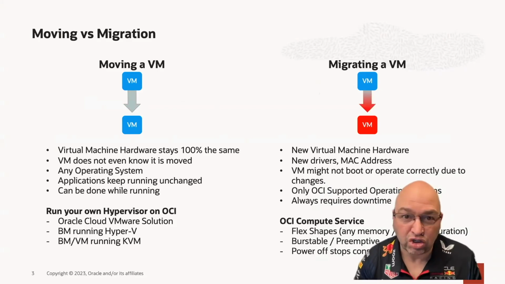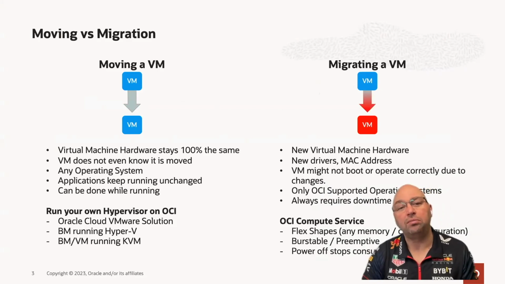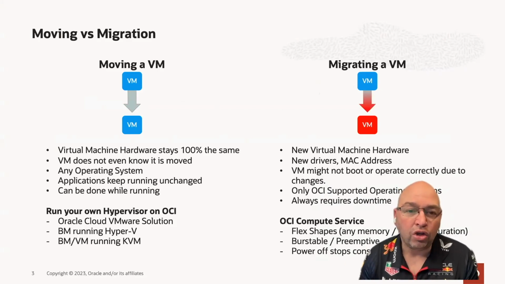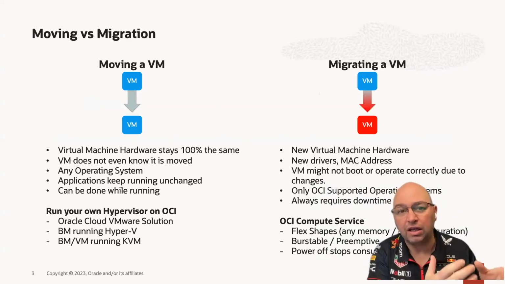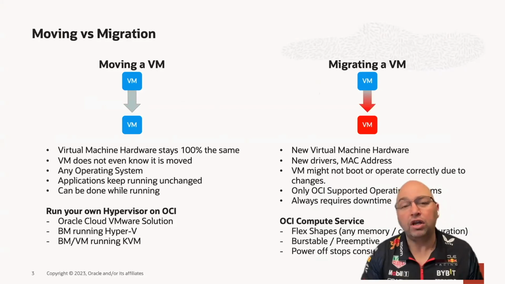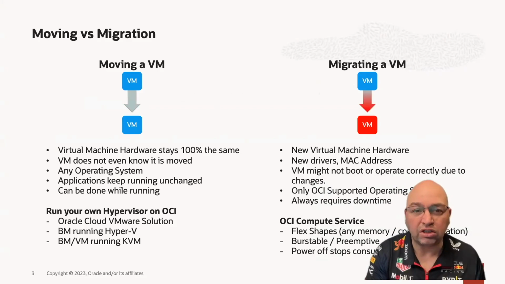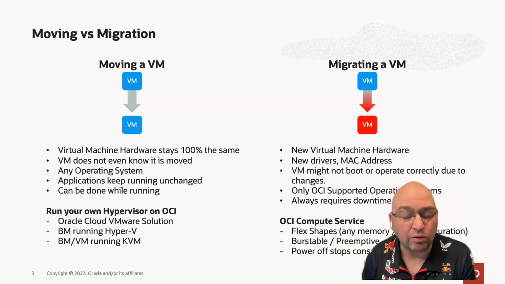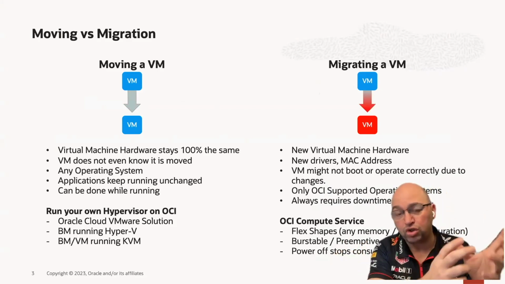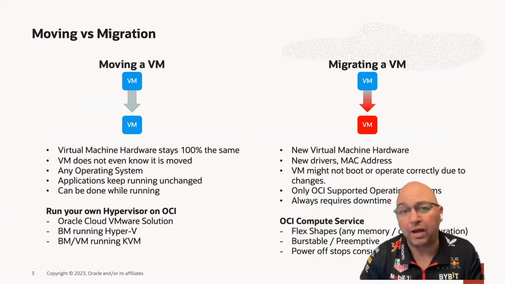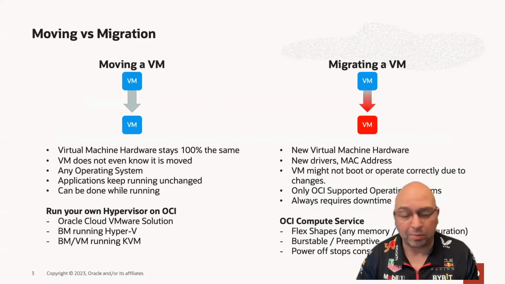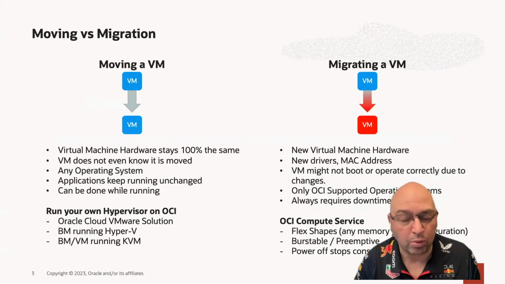We have a moving strategy. With a moving strategy, I mean that in the Oracle Cloud, you can run the same virtualization stack that you are running today in your own data center. So if you are running VMware in your own data center today, you can run VMware in our cloud, and therefore you can take a virtual machine and just move it from one VMware platform to the other. The virtual machine itself doesn't know it's being moved.